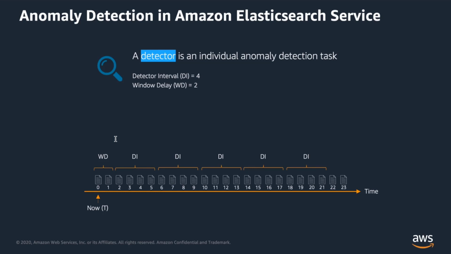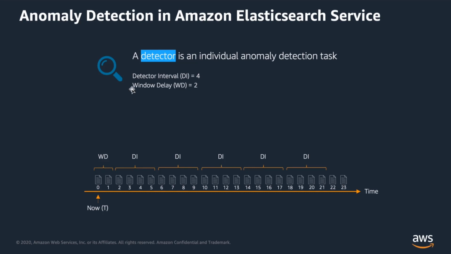You configure this task with two parameters. There is a detector interval and there is a window delay. The best way to understand these concepts is to visualize it on a time series. So here you have the current time, and this is your time series, and this is the data that's going to come into your Elasticsearch cluster.